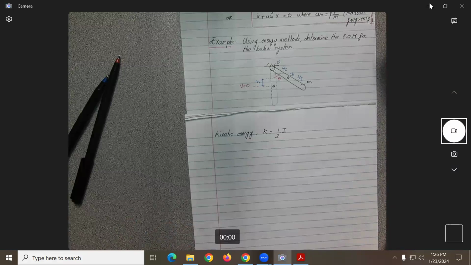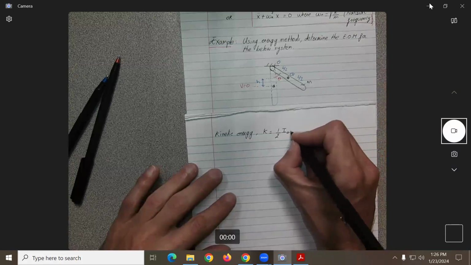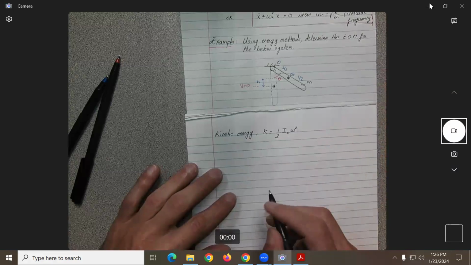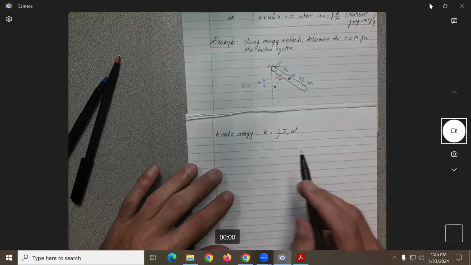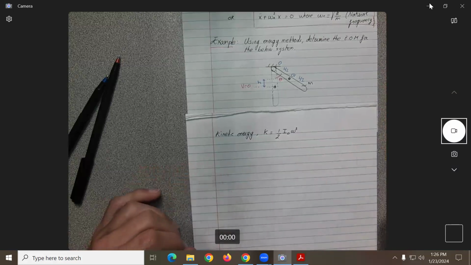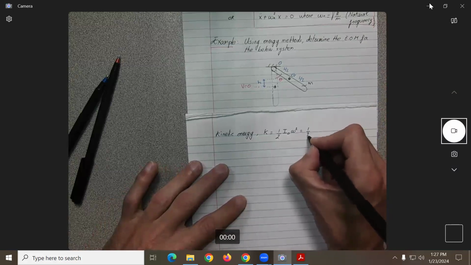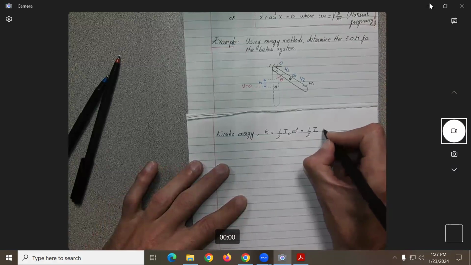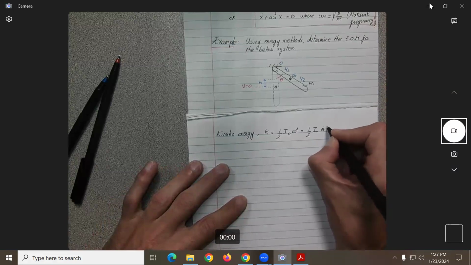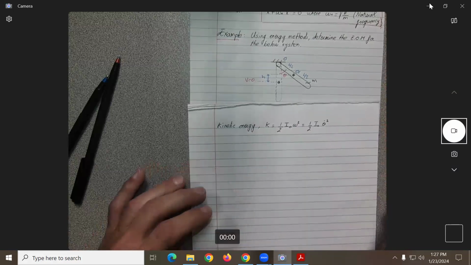So the I about which point? O, omega squared, because if you put the CG, then it's not only rotation, also has translation. So probably this would be 1/2 I sub O omega squared, and what do we know? Omega is d theta dt, no?